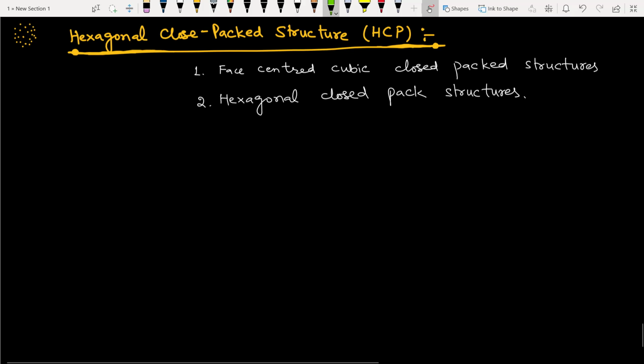About face-centered cubic closed pack structures we have studied in lower classes. So in the present class we will be dealing with hexagonal closed pack structures.